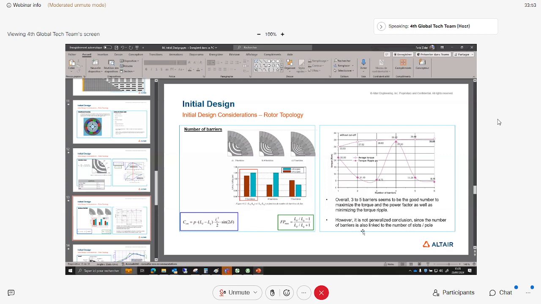And we can see that 4 barriers in this example lead to higher torque ripple, and we don't have as much gain on the torque as we expect. So most of the time 3 barriers are okay.